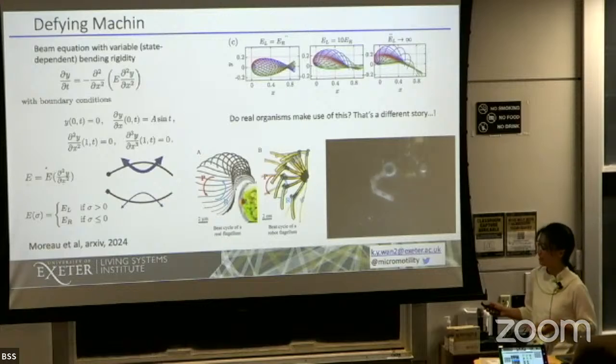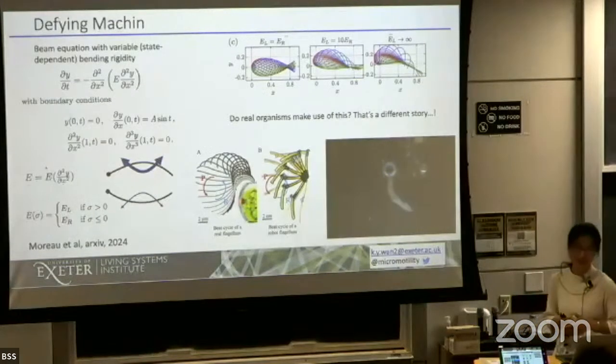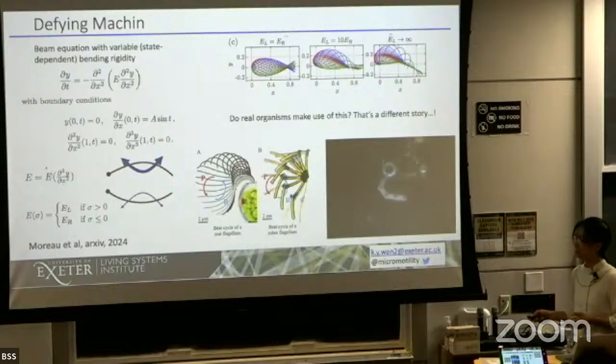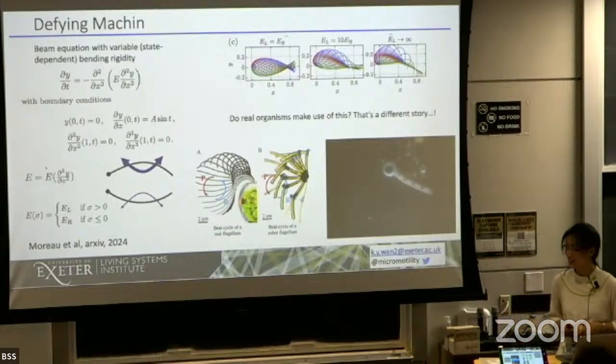if you want something that has the same pattern as a biological microswimmer that uses cilia, you can simply break the time reversal symmetry by adding a series of hinges, or at least one hinge. And the effect of the hinge is that you create this asymmetry in the bending stiffness.